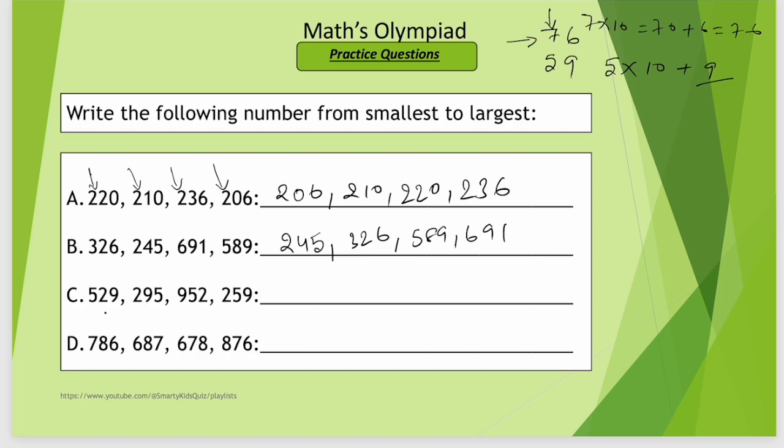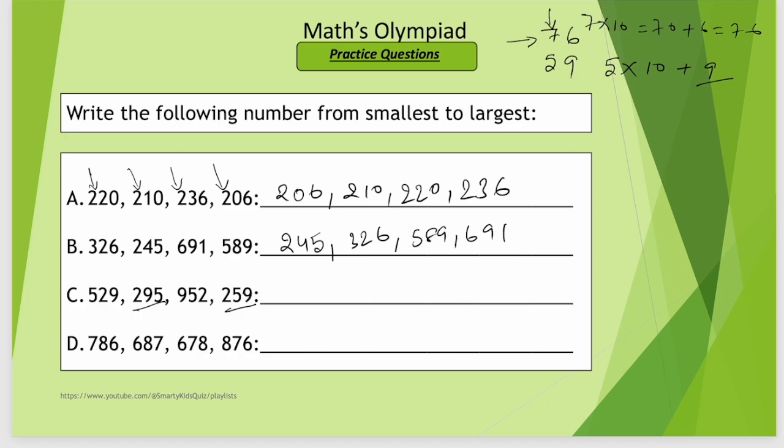Now here: 529, 295, 952, 259. Here the problem is you have 200, 59, 95. Now in this, which one is the smallest?